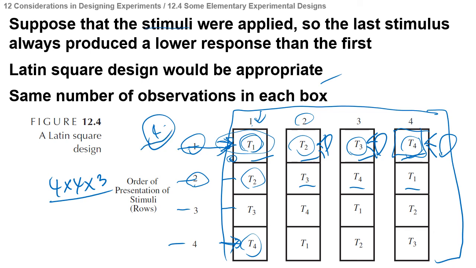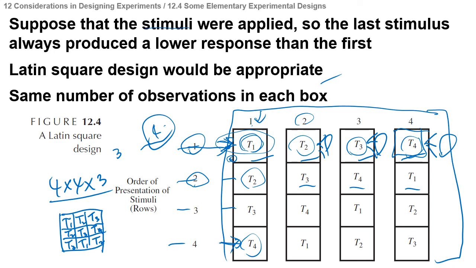And also, what if we have a different number of treatments? In this example, we have 4 treatments. What if we have 3 treatments? In that case, we need to create a 3 by 3 Latin square table. T1 here, T1 here, T1 here, T2 here, T2 here, T2 here, and T3 here, T3 here, T3 here.